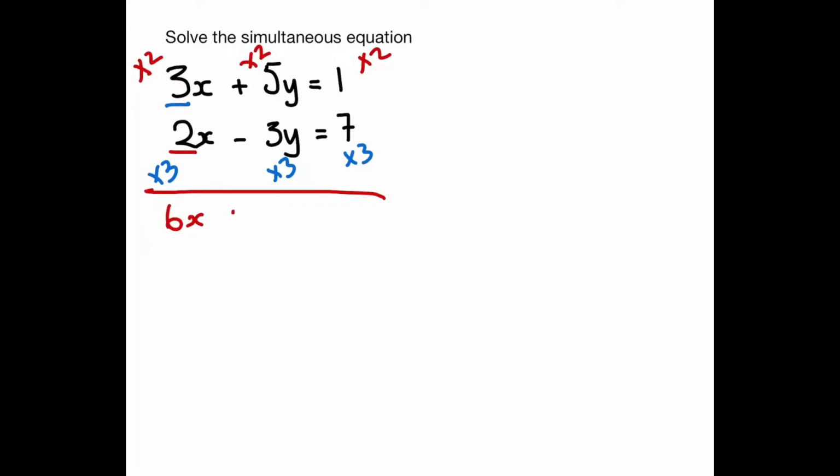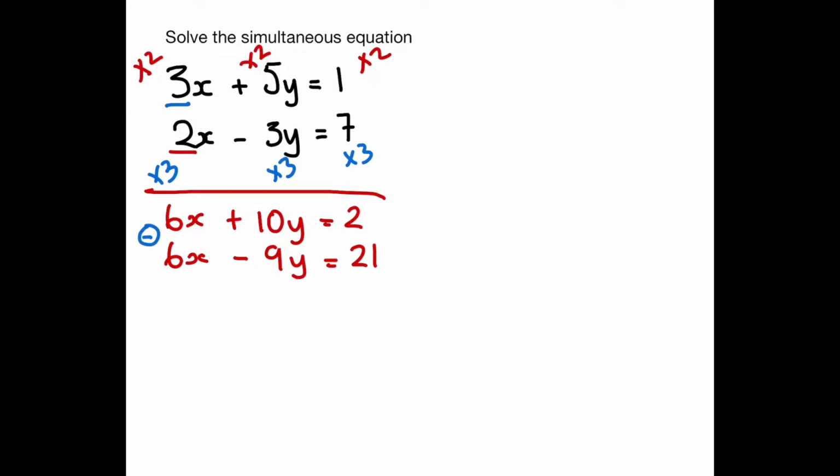So we have 6x plus 10y is equal to 2. And on the bottom equation, we have 6x minus 9y is equal to 21. As you can see, the x's are the same. So in order to eliminate and get rid of x, you either have to plus or minus. Since they are both positive, we minus.